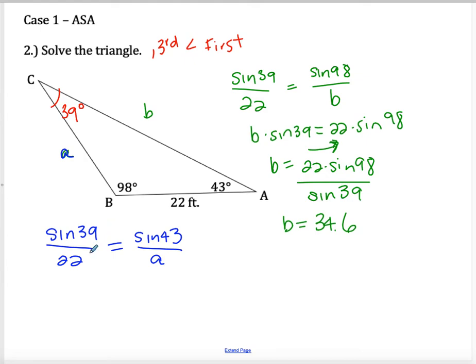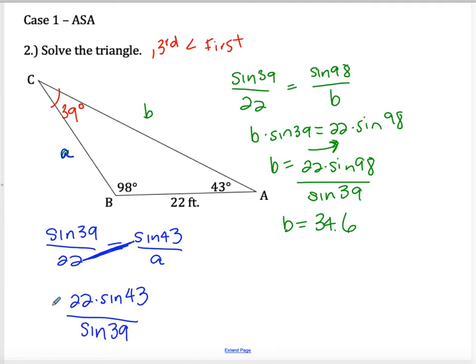Some of you are probably trying to see what's the least amount of work I could write down, right? Maybe we could skip straight to what we type in the calculator. So you know that it's going to be 22 times the sine of 43, and then you need to divide by the sine of 39.